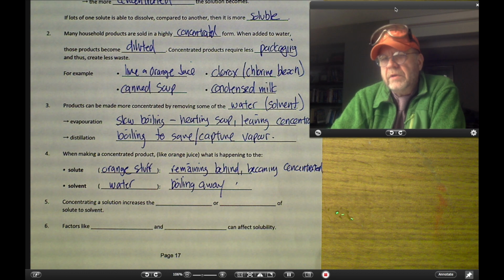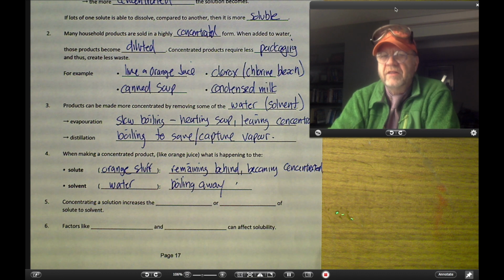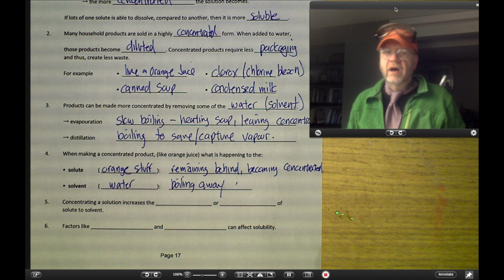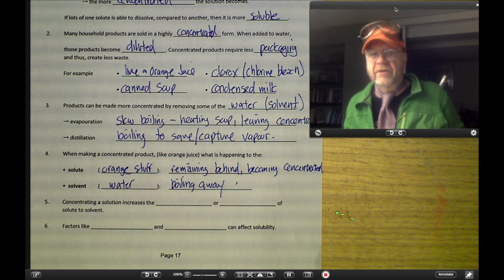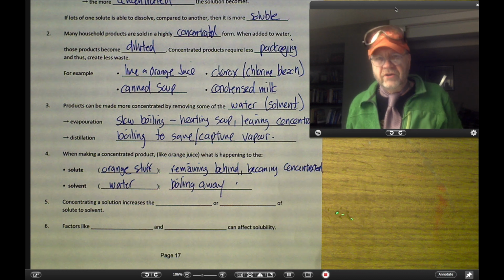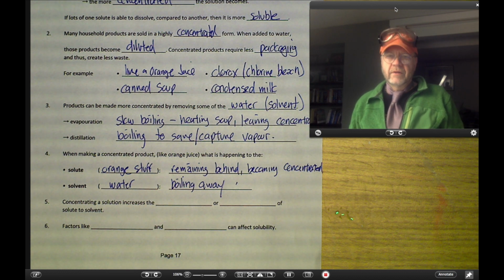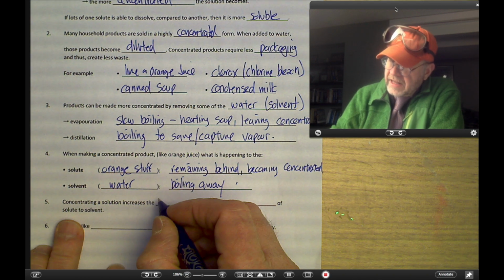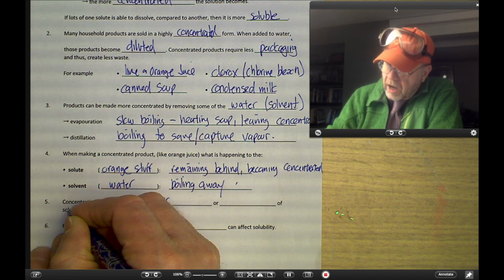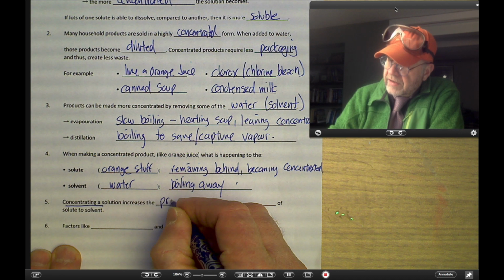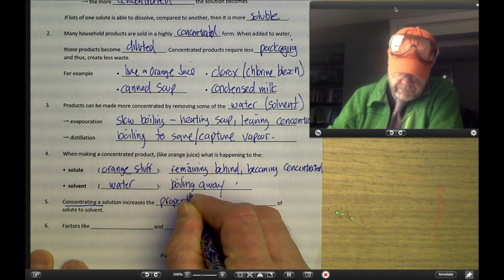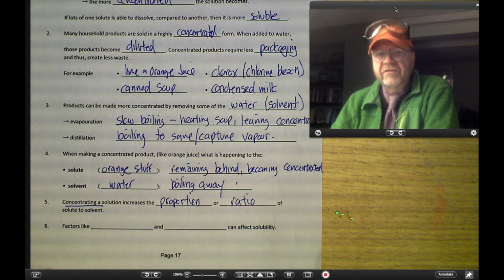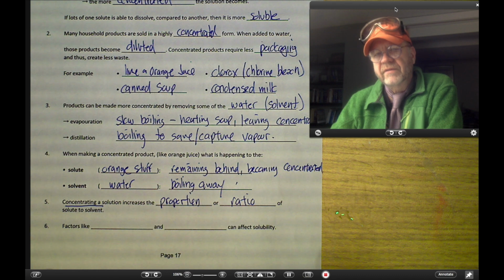So what are you actually doing when you concentrate stuff? Well, you're changing the proportion, the fraction of the solute to the solvent, say the orange flavor and the pulp and all the good stuff, the sugars, and the water. So concentrating a solution increases the proportion or the ratio of solute to solvent.